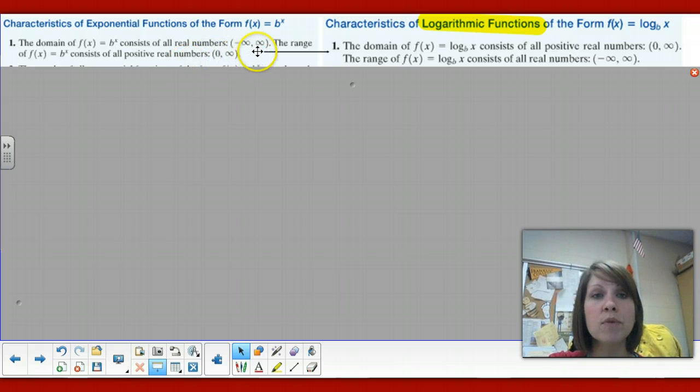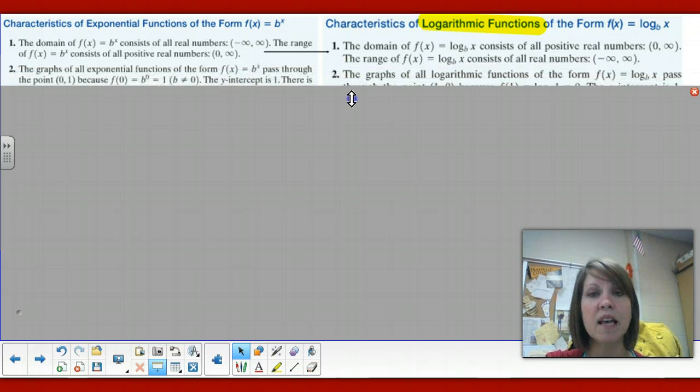But number 1 for exponentials, talking to you about what I just said. The domain was negative to positive infinity. The range was 0 to infinity for an exponential. If we go over and trace that to the logarithmic, they are switched. The domain is 0 to infinity, and the range is negative to positive infinity.